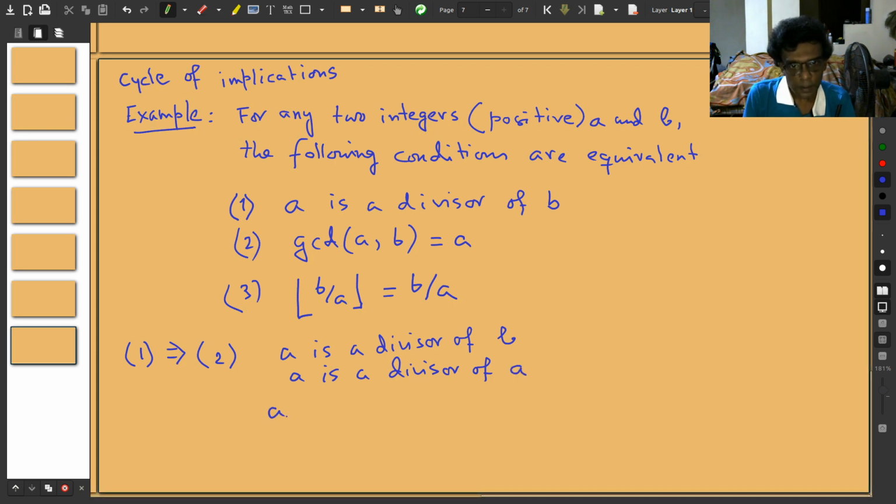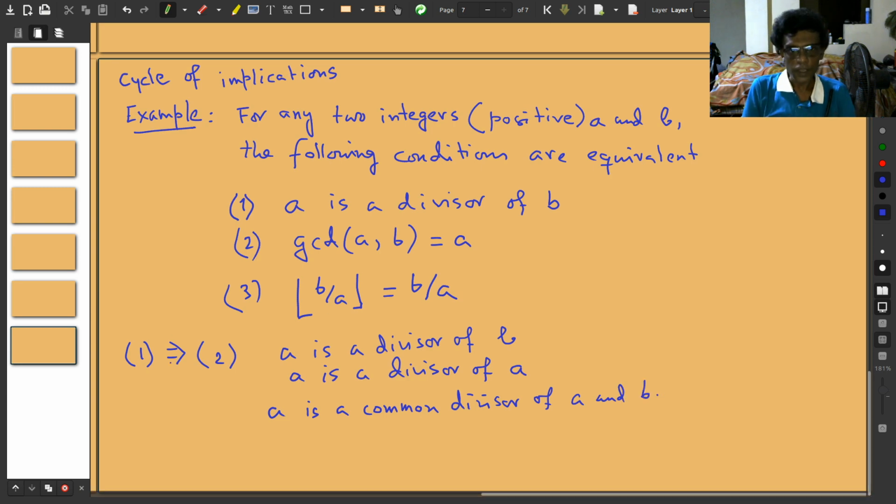So, I can conclude that A is a common divisor of A and B. Now, if you consider any common divisor of A and B, or any divisor of A, it cannot be larger than A, right?